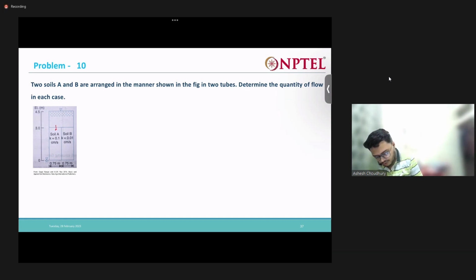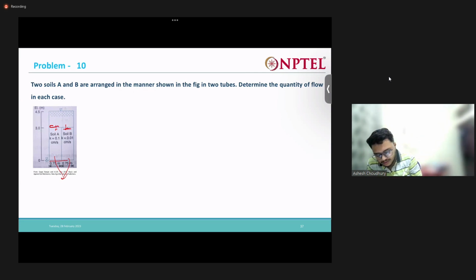Because the total flow will be equal to the sum of the flows here and here. The velocity in this and this will be different. The flow of soil A and the flow of soil B will be summed together to get the total flow. But the head loss in the two soils is the same. So this is the case of horizontal flow.